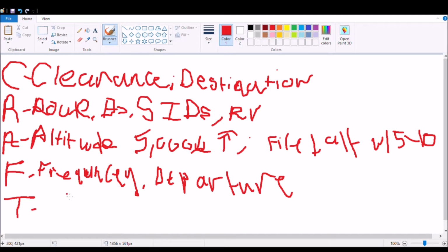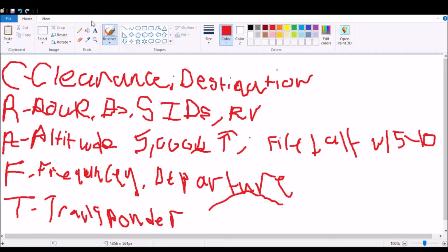What could T stand for? How is this departure controller going to be able to see you? If you guessed transponder, you are correct. This is the box.